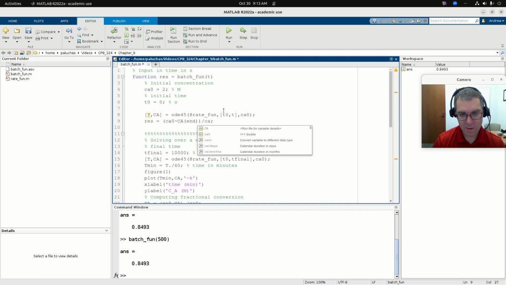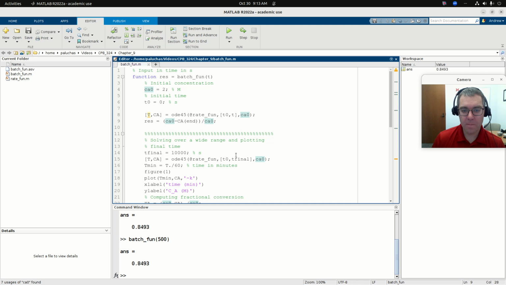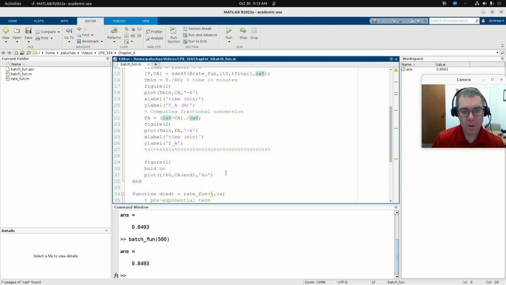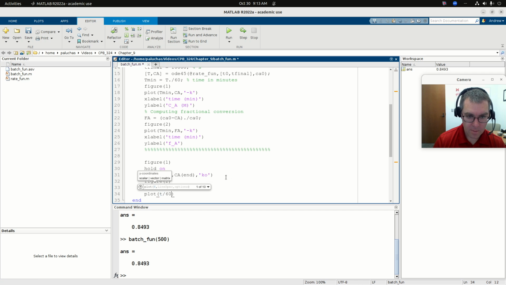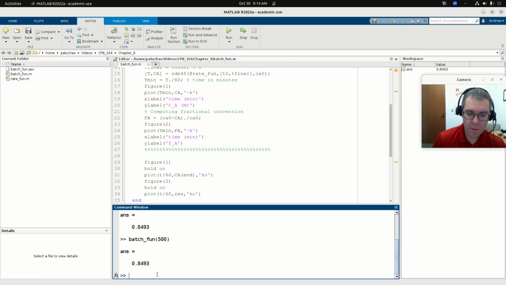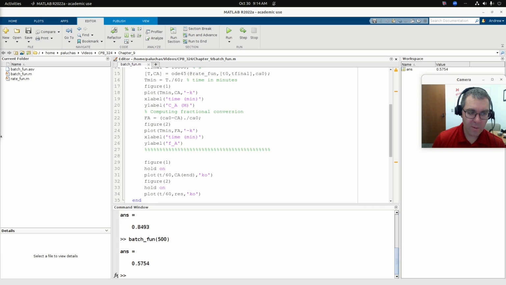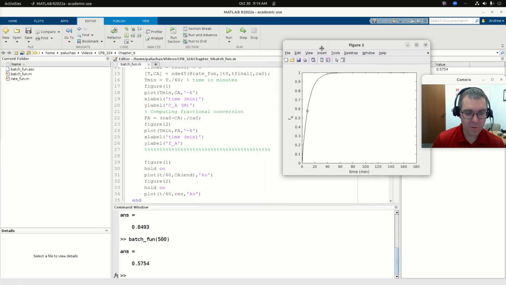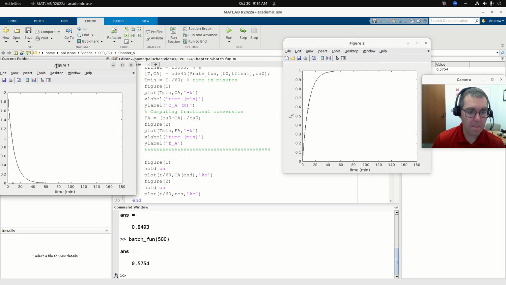And then I can actually add that to figure 2. Hold on, and I'll plot t divided by 60 versus res, and I'll also plot that as a black circle. So now when I run, my code's actually returning the fractional conversion of A.